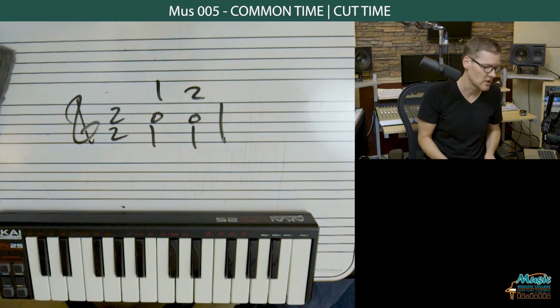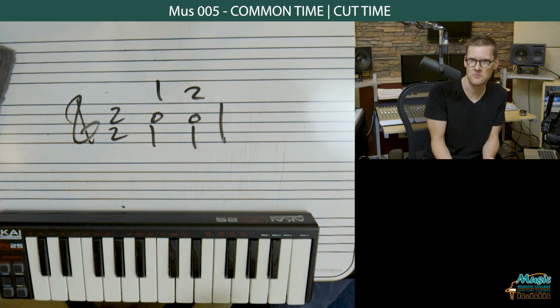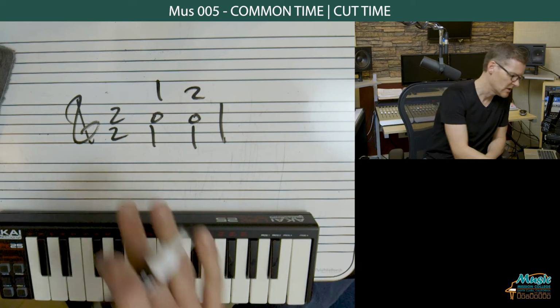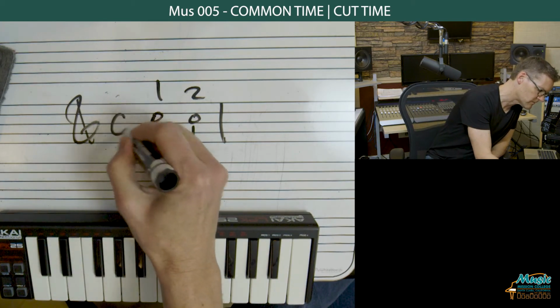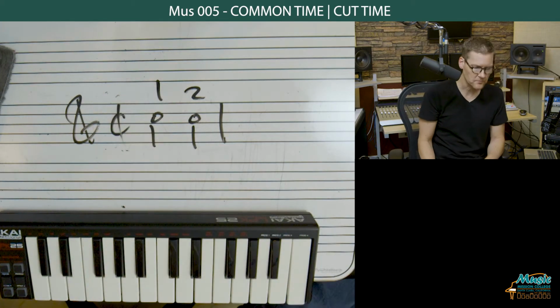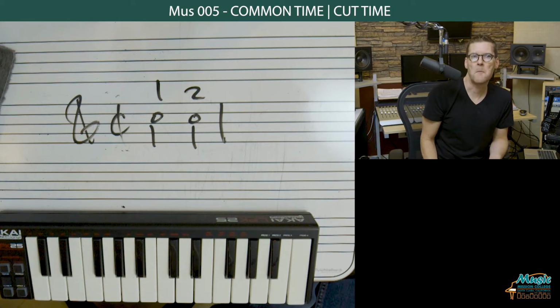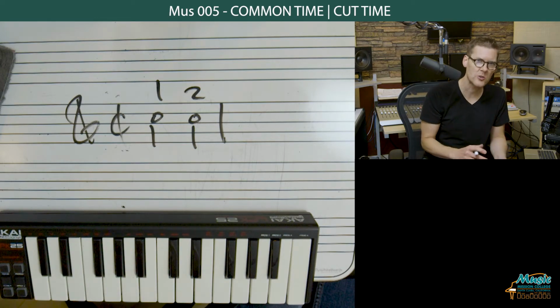So 2/2, which has a feeling of 2, has a feeling of the half note, we call cut time. So mathematically the same, but the music feels different. So we write it in either 4 or 2.